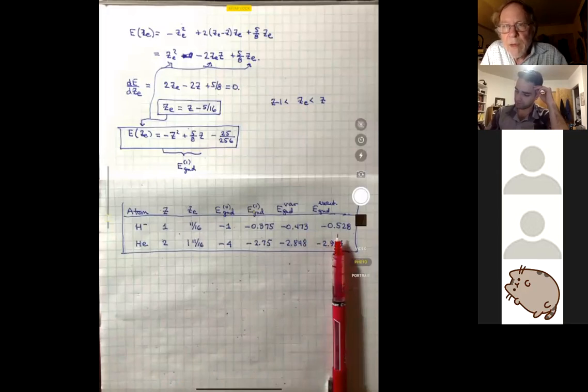In the case of H-, the reason that our variational calculation didn't give us a proof of a bound state is because it doesn't have enough physics in it. All we did was vary the Z effective, but we had otherwise two hydrogen-like orbitals sitting on top of one another. And this does not take into account the tendency of the two electrons to stay on opposite sides of the nucleus.